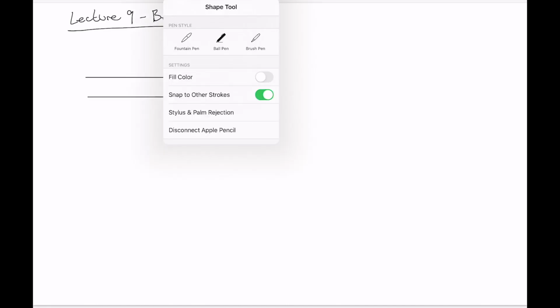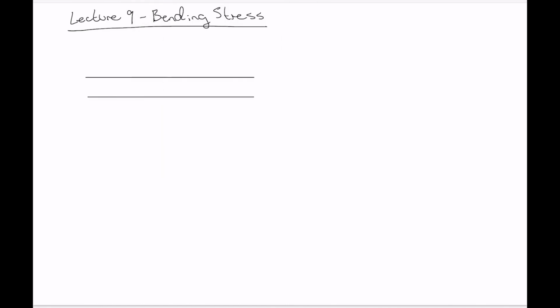So I'm going to try and draw this actually using straight lines for a change, so we get something that's reasonably nice and neat here. Okay, so here's our beam, and I'm going to put a few markers on it to mark out different sections along the beam.